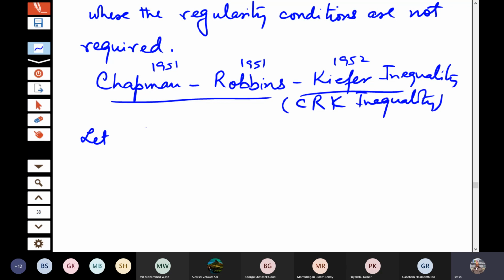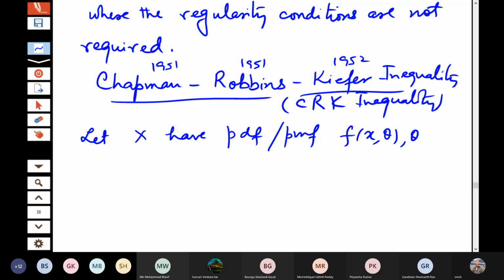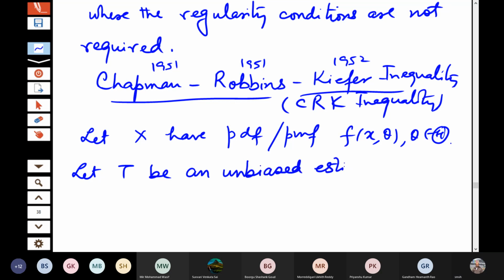So again, let us consider X having a PDF or PMF f_X(x; theta), and let T be an unbiased estimator of, say, g(theta).